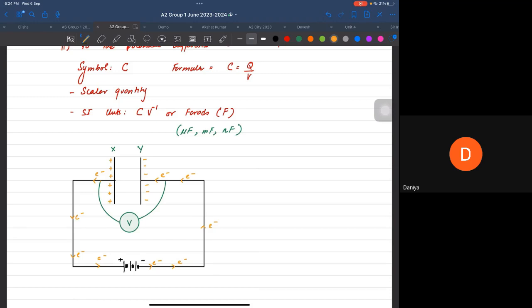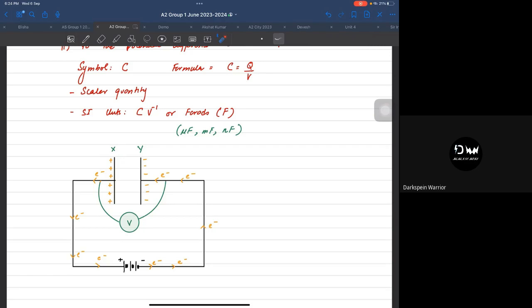The battery is doing work to redistribute these charges from one point to another. So overall, the charge would be 6 on this. We just need to take the charge on one plate and the voltage that is developed across this. Do you understand now?